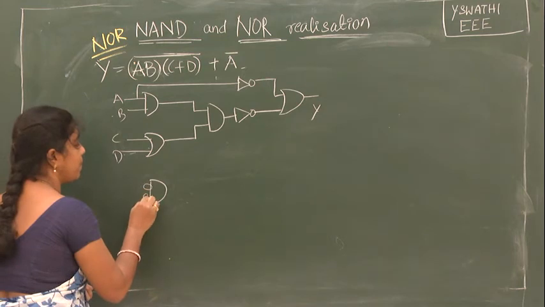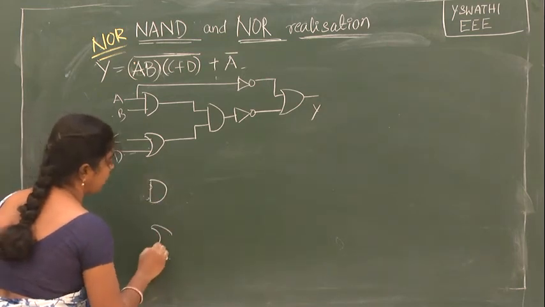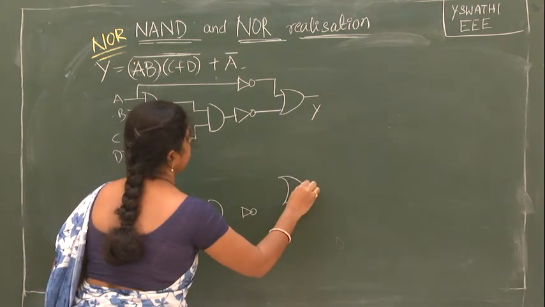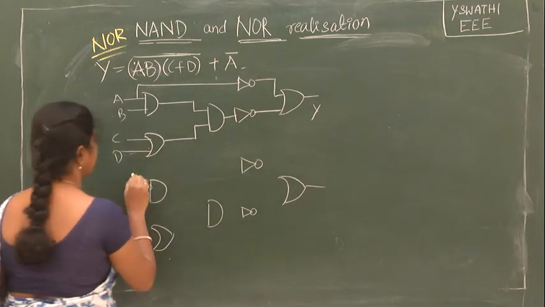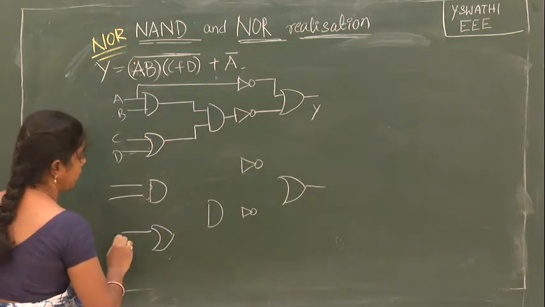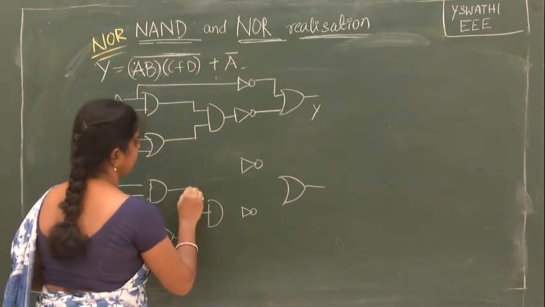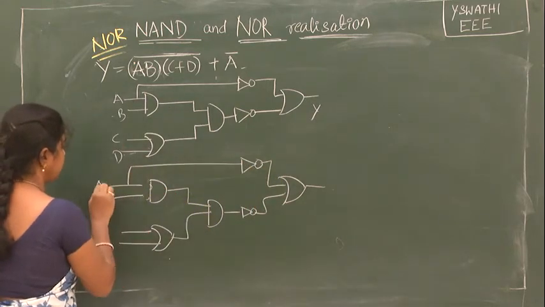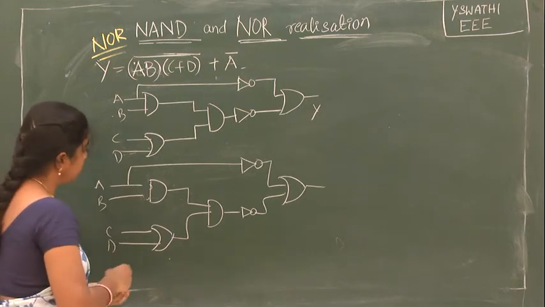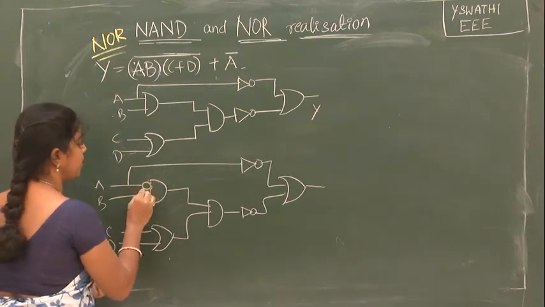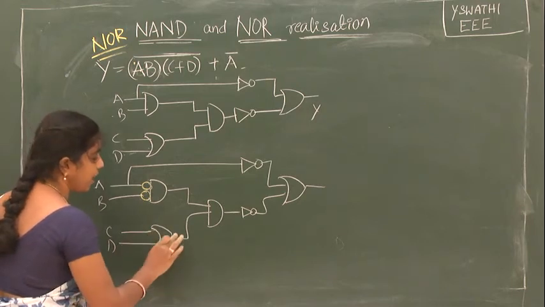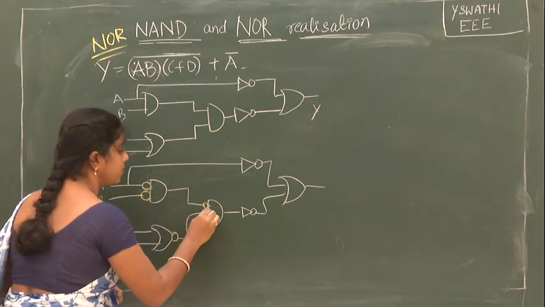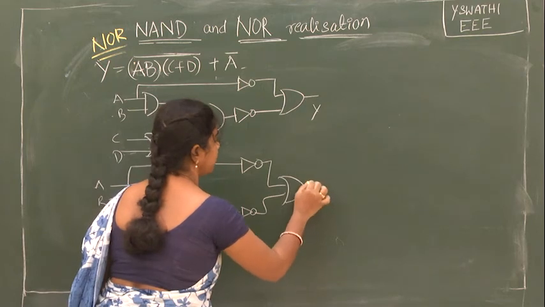So the AND gate input should be bubbled, and the OR gate output should be bubbled. This is an AND gate, so the input should be bubbled. This is an OR gate, so the output should be bubbled.